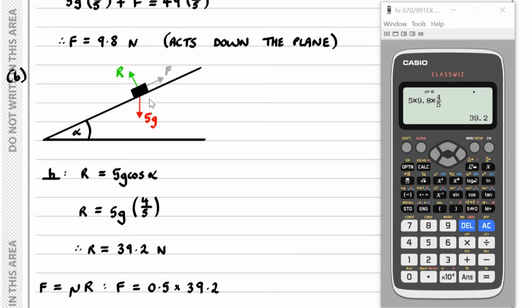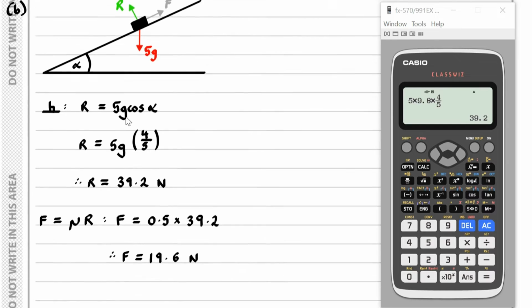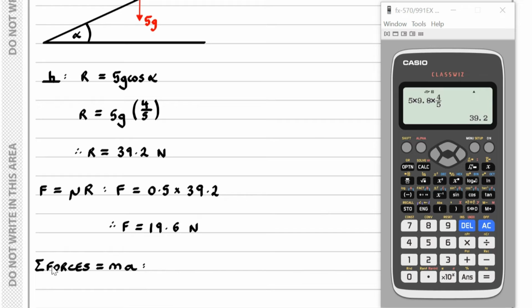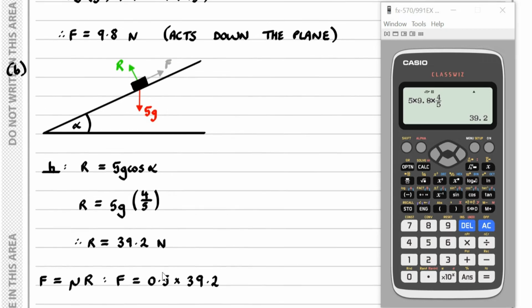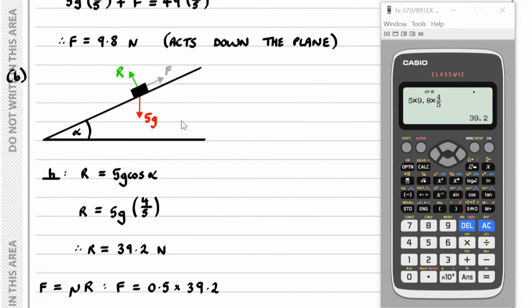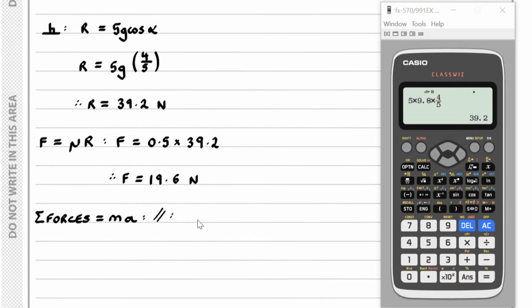And now to find the acceleration, we can use the sum of the forces is equal to the mass times acceleration. And if we resolve parallel to the plane, then we have 5g sine alpha subtract f, that's equal to the mass 5 multiplied by the acceleration.